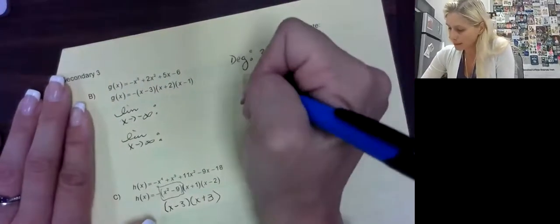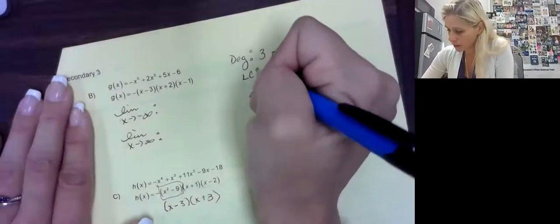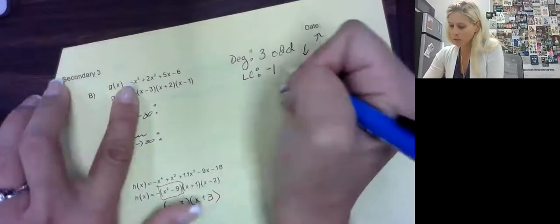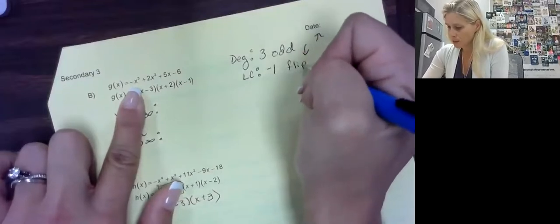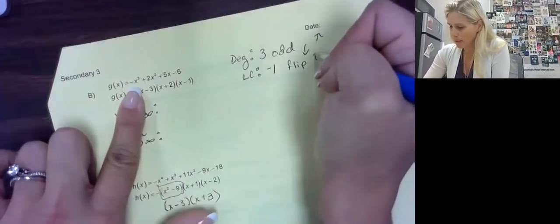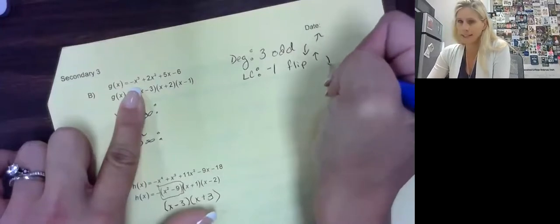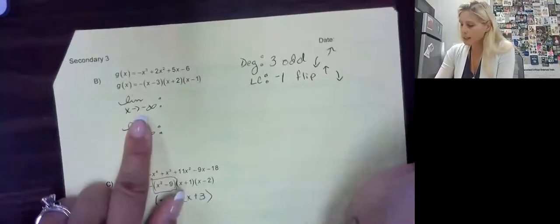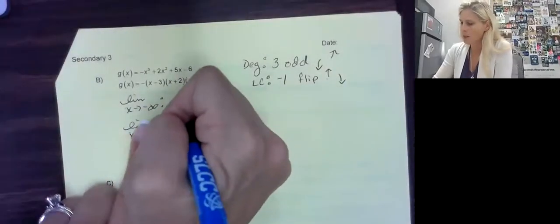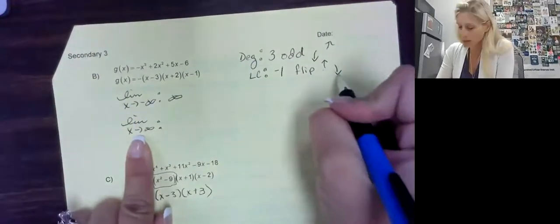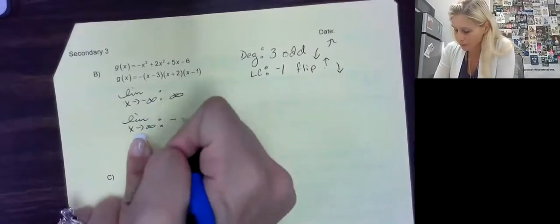Now, because the leading coefficient is -1, that means we flip. So that left side becomes up, right side is down. Left side is going up, and up goes to infinity. Right side is down, down goes to -infinity.